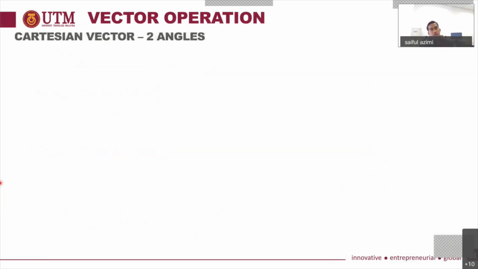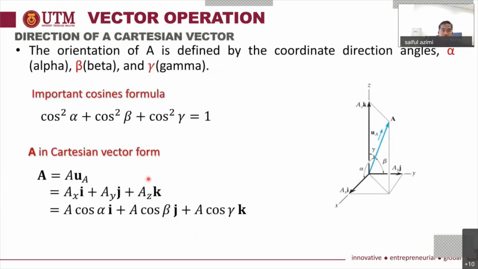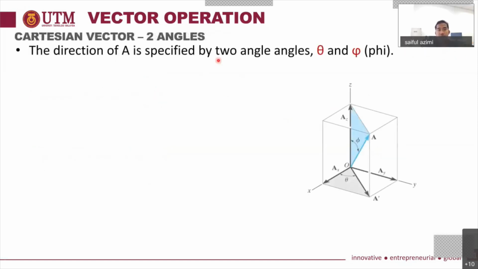Next, Cartesian vector to angle. So previously we already learned that we can represent the direction of your Cartesian vector by using alpha, which is from the x-axis, beta, which is from the y-axis, and gamma, which is from the z-axis. All right. But we can also represent the angle by using theta and also phi. Okay.